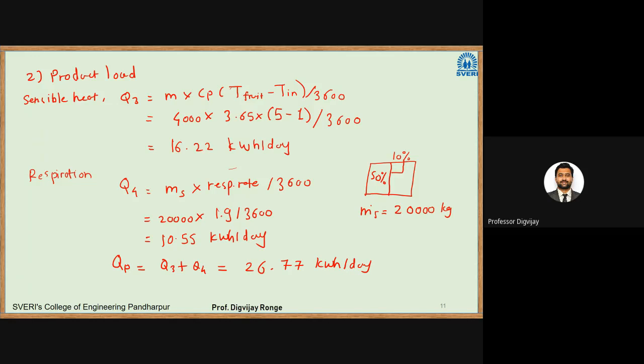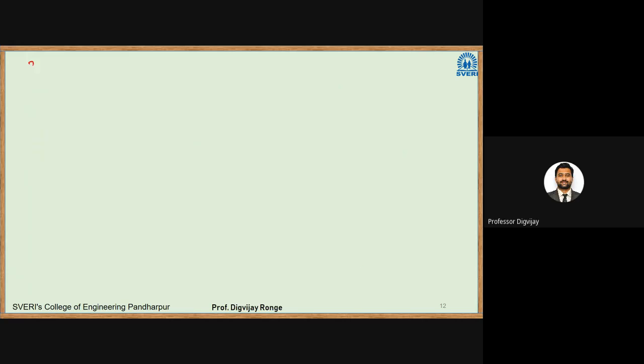Next thing we have to calculate here is the internal load. Internal load means load due to lighting and people. First, I will go for lighting, right?